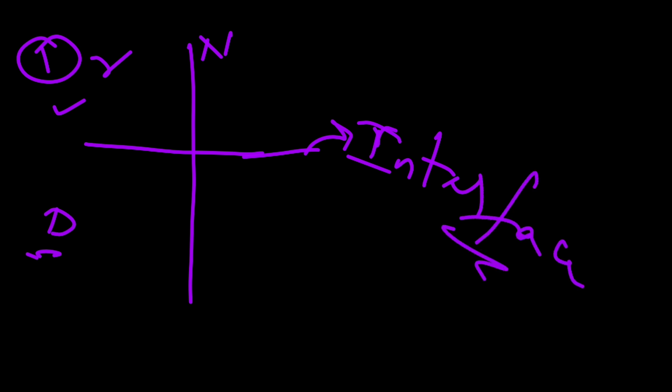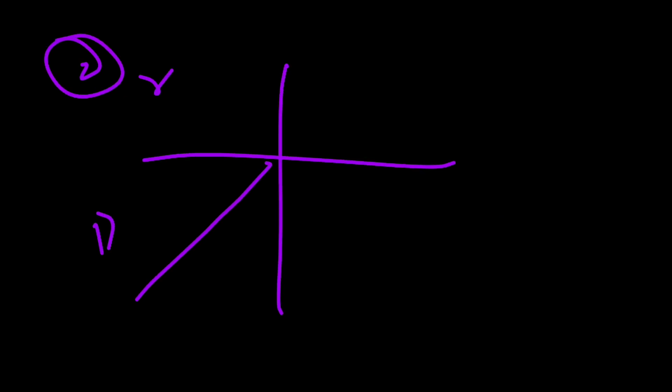First situation: when a light ray travels from rarer to denser medium, the light ray bends towards the normal. In this situation, angle I is greater than angle R. Second situation: when a light ray travels from denser to rarer medium, the light ray bends away from the normal.